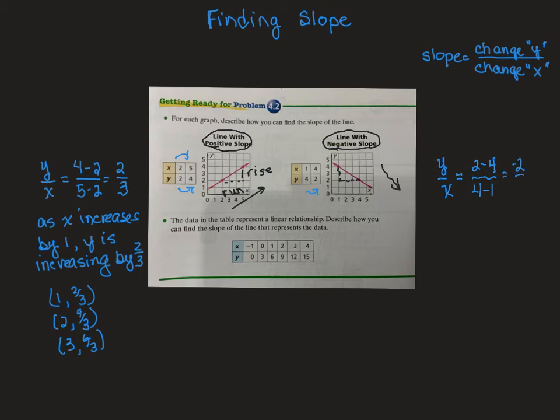Negative 2 over 3. So it's negative. That's a negative slope. Notice the number is negative and the line is going down. What that means is as x increases by 1, y decreases by 2/3. It goes down, because it's negative 2/3.